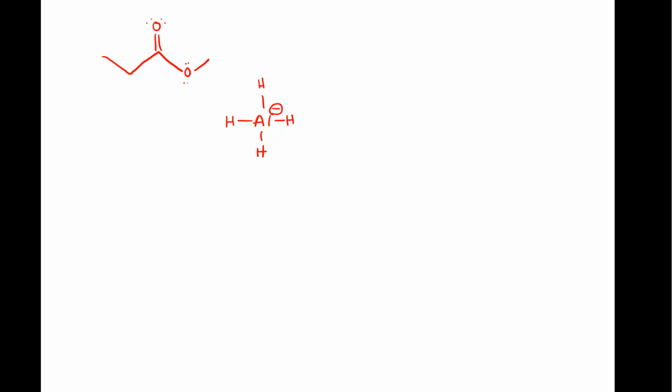The first step, similar to the reduction we looked at before, is addition of hydride to the electrophilic carbonyl carbon and the resonance arrow. We've added hydride and formed this negatively charged intermediate.